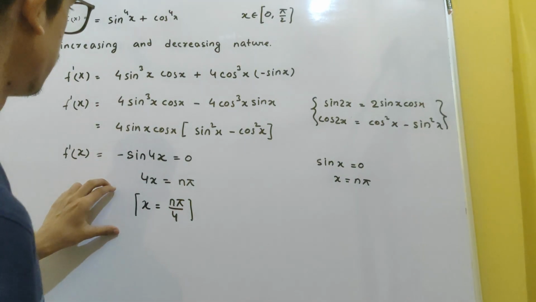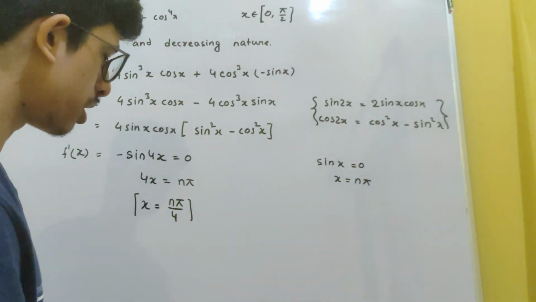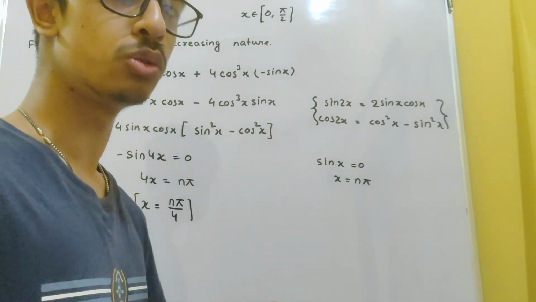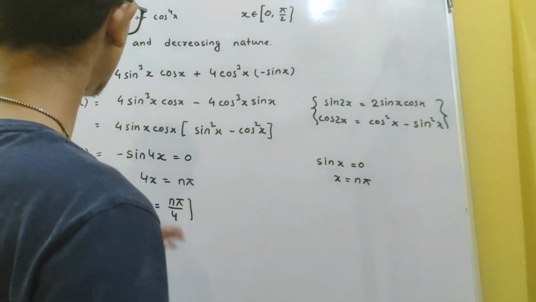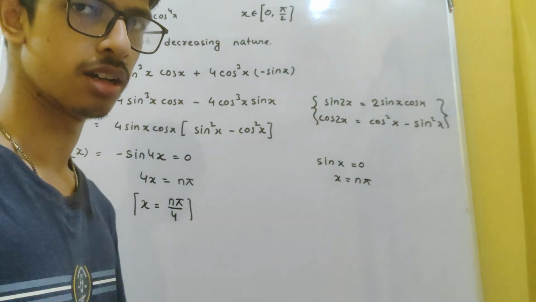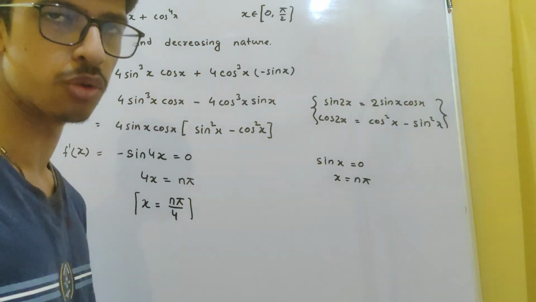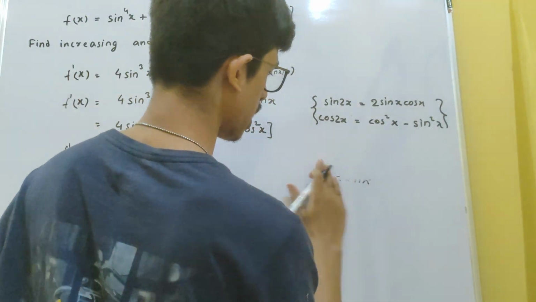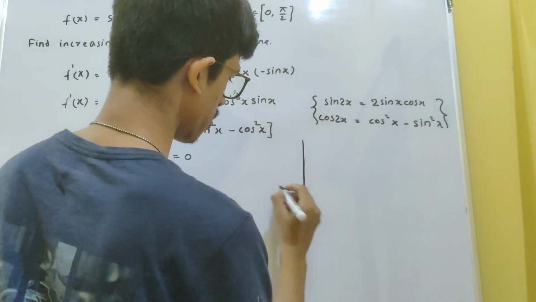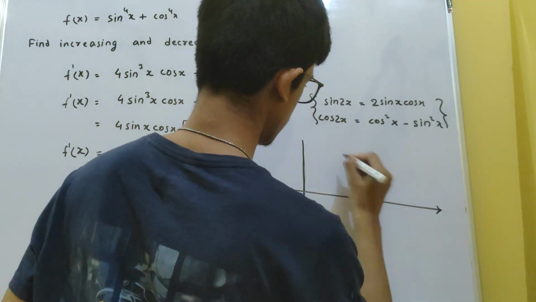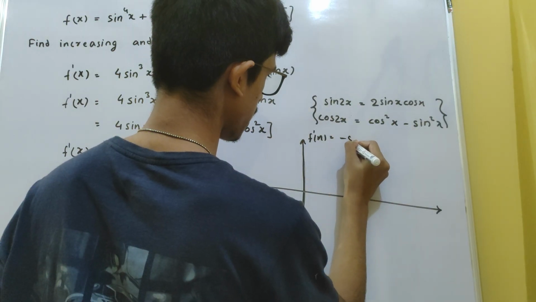So these are the possible values of x, the critical points. Since we have multiple critical points, we will consider only those which fall in the range 0 to pi by 2. After finding these critical points, we will draw the graph of f dash x, that is minus sin 4x.